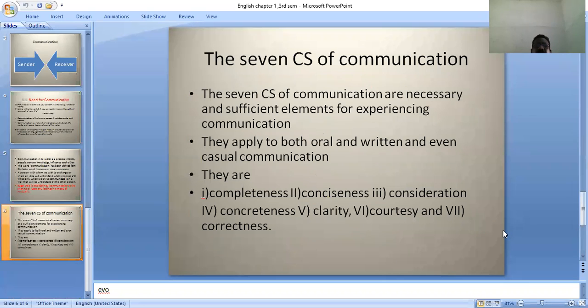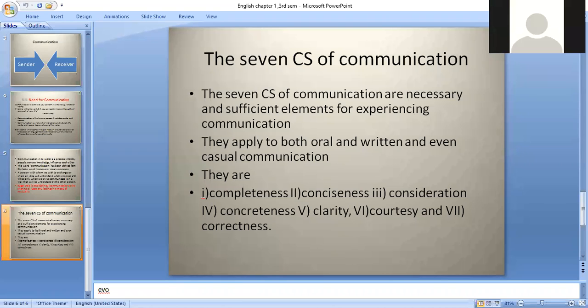They are completeness, conciseness, consideration, concreteness, clarity, courtesy, and correctness. We should have all this.